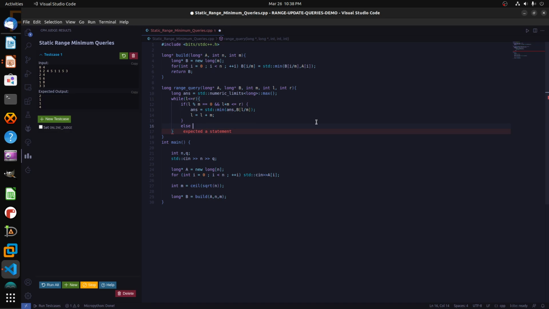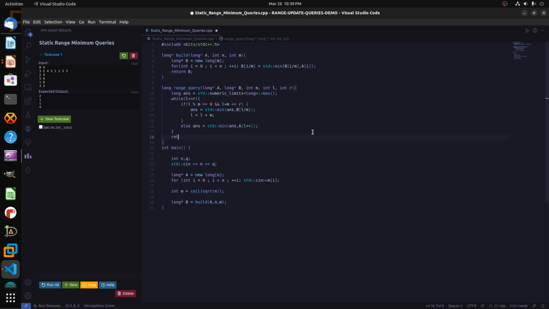So the answer is equal to the minimum between the old answer and the incoming value from the original array. Then we add 1 to jump to the next value in the original array. And here, of course, we have to return that answer.